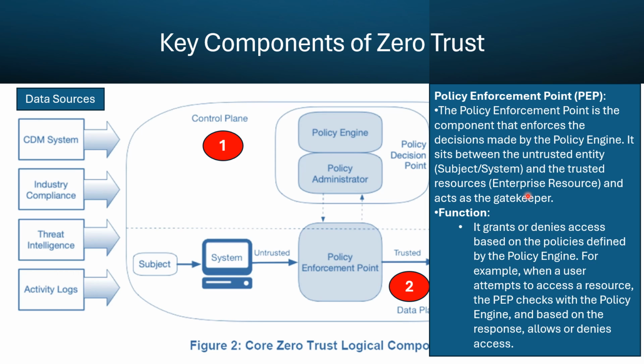Now, the function of this is to grant or deny access based on the policies defined by the policy engine. For example, when a user attempts to access a resource, the policy enforcement point checks with the policy engine, and based on the response, it allows or denies access.